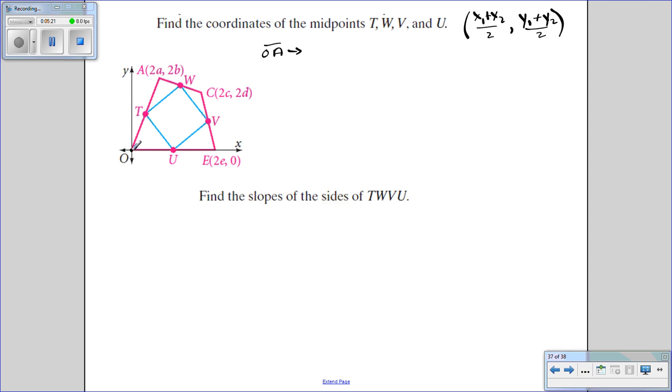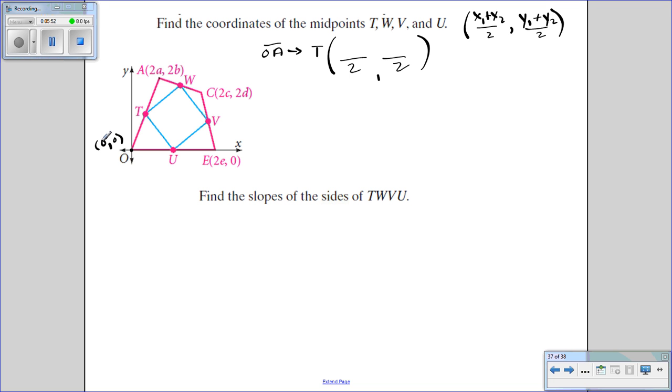So I know the origin always has coordinates of 0, 0, so I'm going to use 0, 0 and the coordinates for A. I'm going to plug them into my midpoint formula, and I'm going to figure out the coordinates of that midpoint, which is point T. So for the midpoint T, I'm going to simply use the formula over here, and I'm going to label my points here.